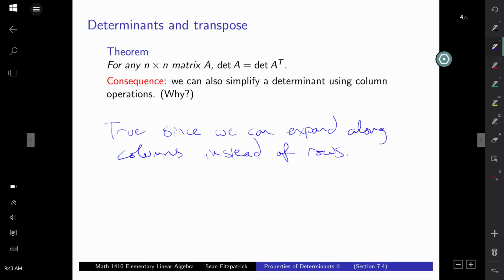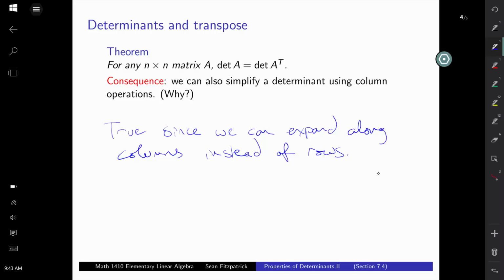And so if we computed the determinant using row expansions at every step, and then we computed the determinant of the transpose using column expansions at every step, we would be doing the exact same thing. We would get the same result.